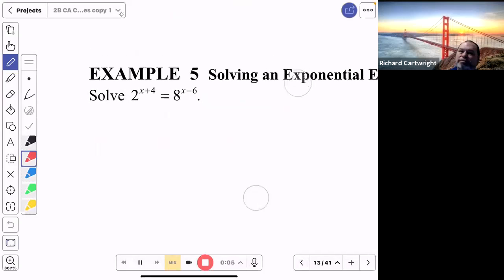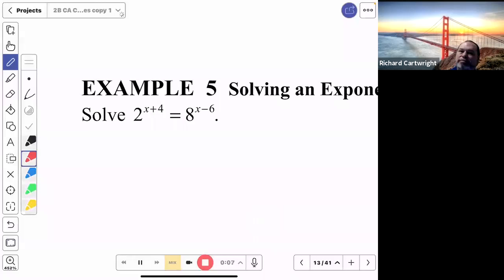You're solving this one too. What we can do with this one, I think I will jump right to the fact that 8 can be written with 2's. I have 2^(x+4) in my exponent. This can still be a 2 to the third, and that 2 to the third has the x minus 6.